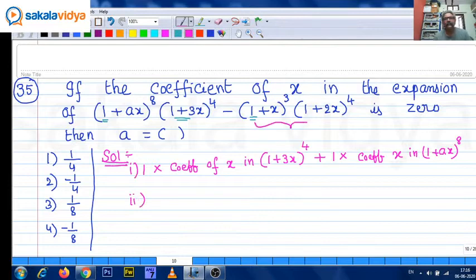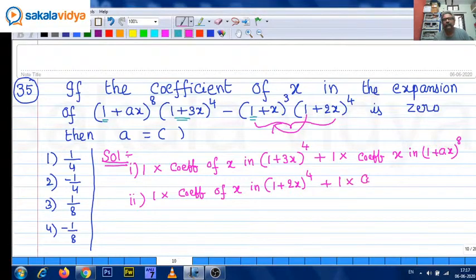For this one, 1 multiplied by coefficient of x in (1 plus 2x) whole to the power of 4, and plus again 1 multiplied by coefficient of x in (1 plus x) whole cube.